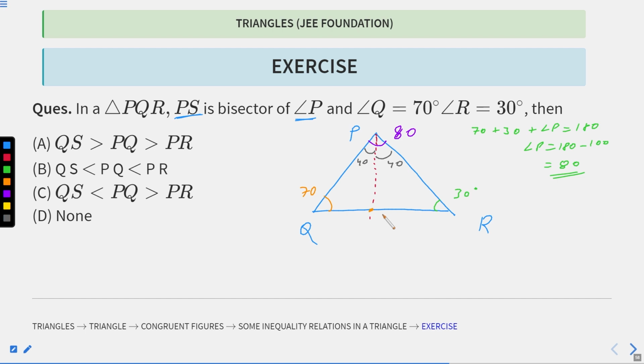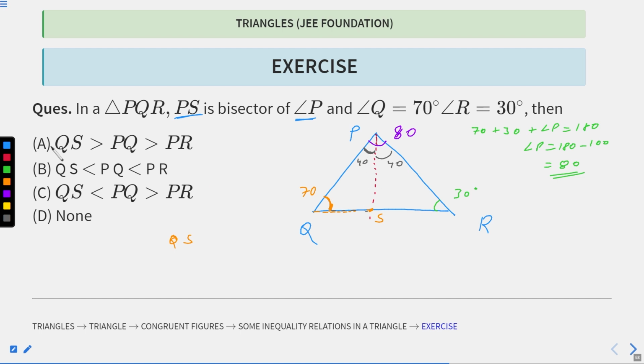This is my point S. If you see QS, the angle opposite to the side QS is this 40 degrees.